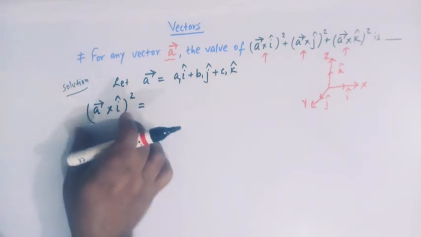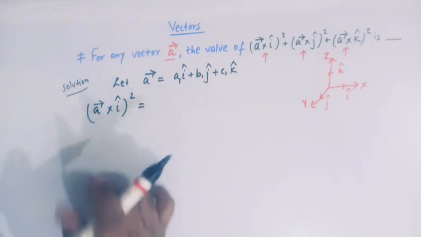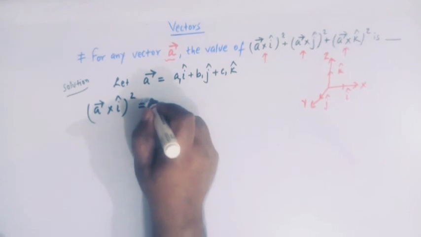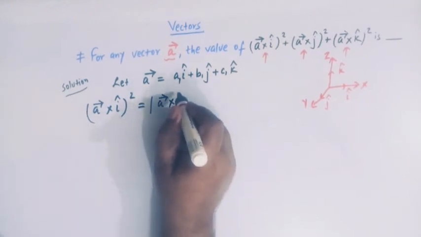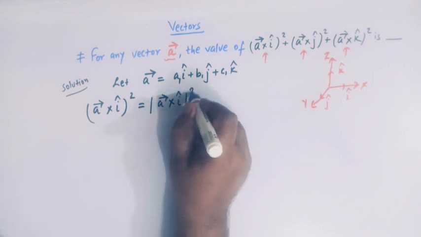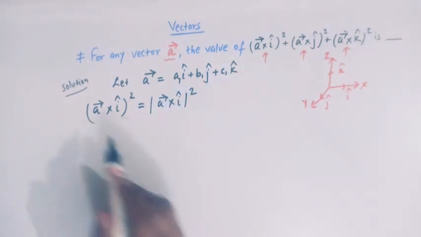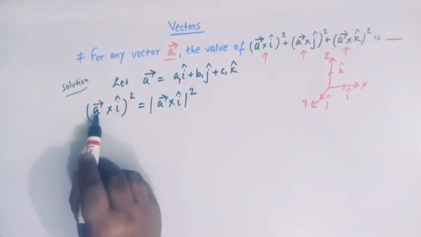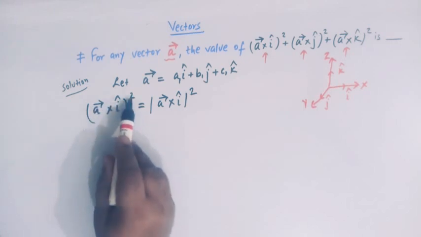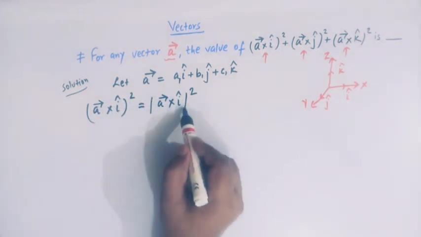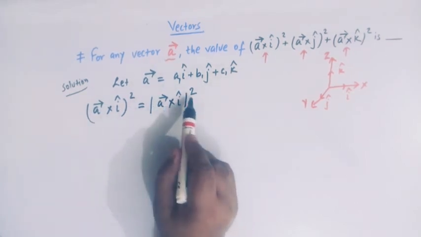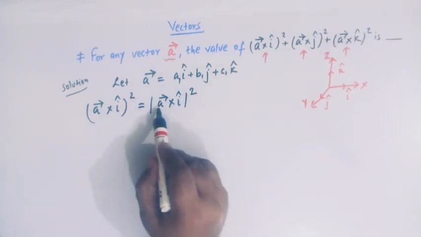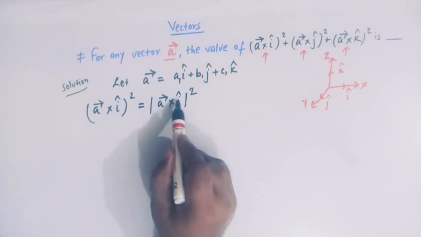Now this expression can be written as the magnitude of A cross i cap square, right? So see, here we have the vector A cross i cap square, and here we have the square of the magnitude of vector A cross i cap.